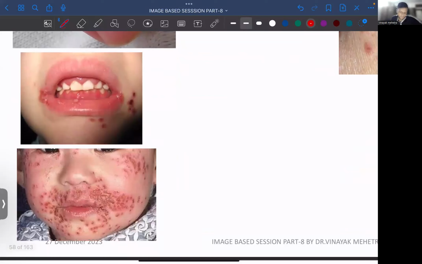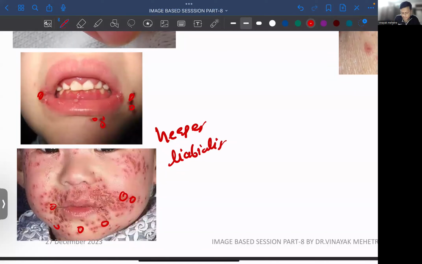Okay. Image बच्चे के ऐसी आएंगी. There are lesions near to oral cavity, called oral herpes. और इसी को बोलते हैं हम, what do we call it? Herpes labialis, है ना?